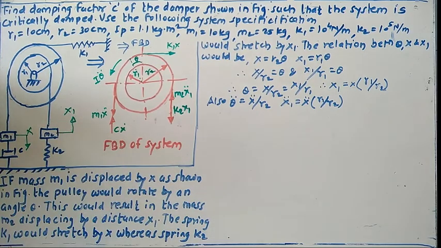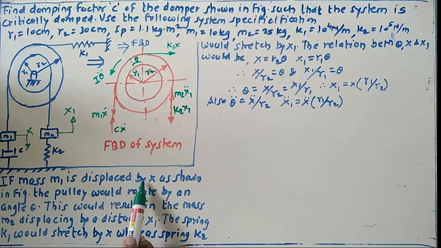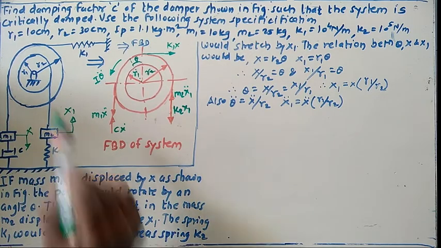If the mass m1 is displaced by this distance x, as shown in the figure, the pulley would be rotated by an angle theta.